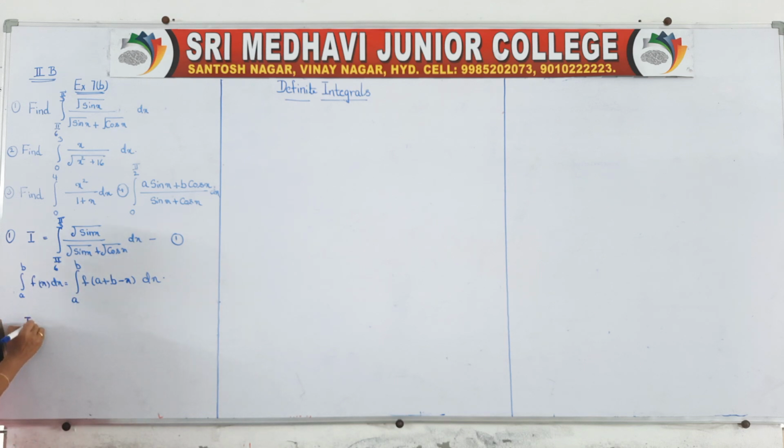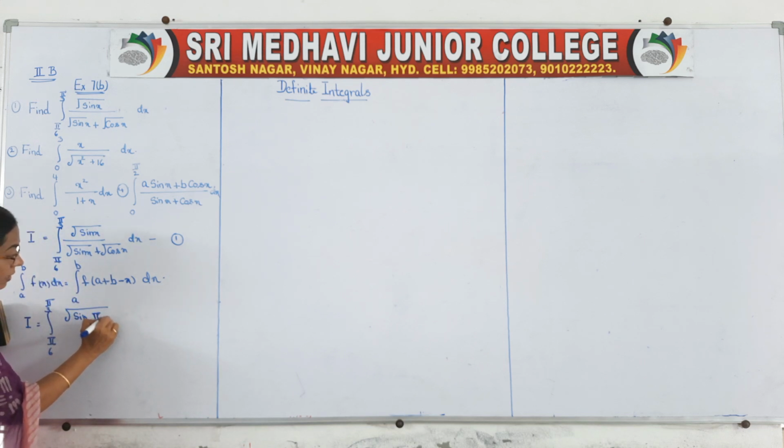So come on, I is equal to integral pi by 6 to pi by 3 of root of, in x place we have to take a plus b. Your a and b are pi by 6 and pi by 3.